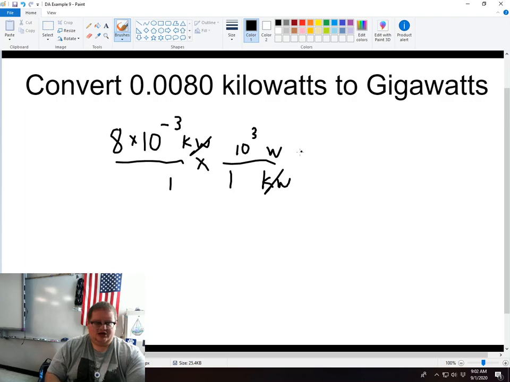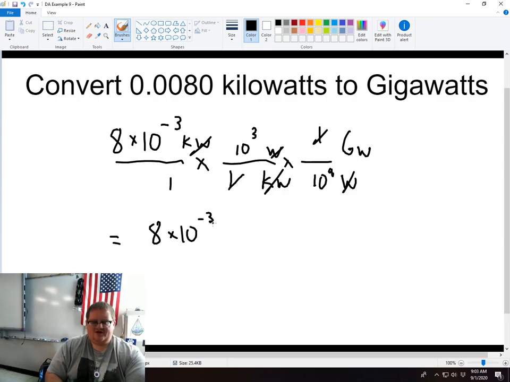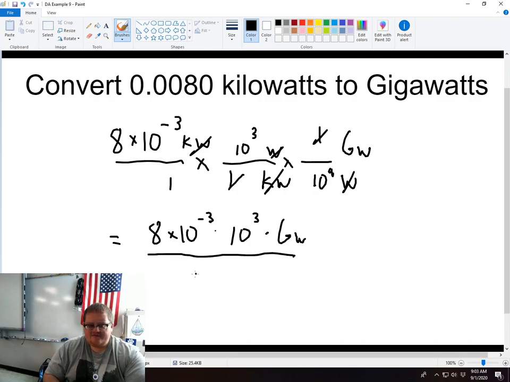Cancels. I've got to keep going though, because I want gigawatts. So I'm going to go from watts to gigawatts. 1 gigawatt is 10 to the 9th. Cancels. Cancel 1 if you feel like it, doesn't really matter. So on top I have 8 times 10 to the -3rd times 10 to the 3rd times gigawatt. On the bottom I have 1 times 10 to the 9th.